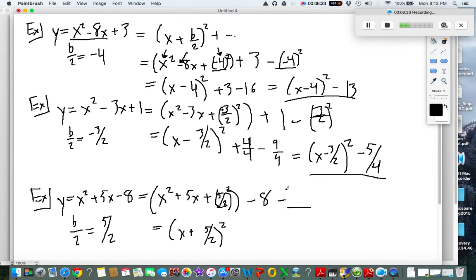And whatever I do on the inside of the parentheses, I have to subtract the exact same thing outside the parentheses. So, I now have x plus 5 halves, all of that quantity squared, minus 8 minus, this will give me 25 fourths.